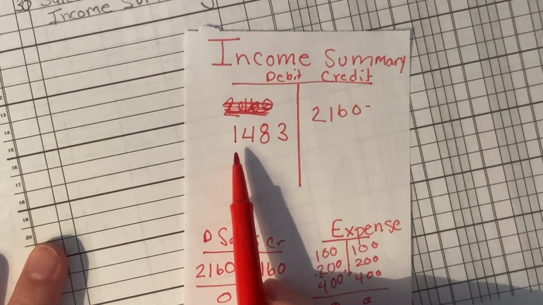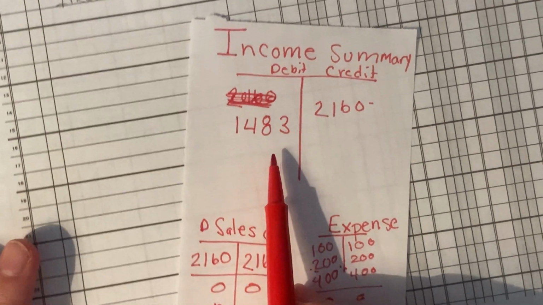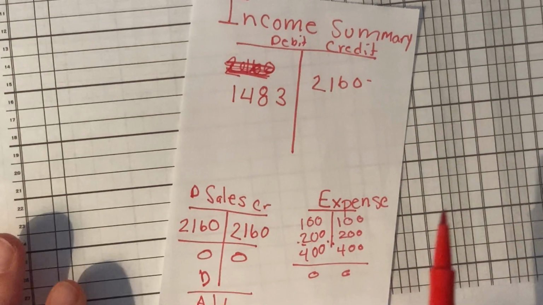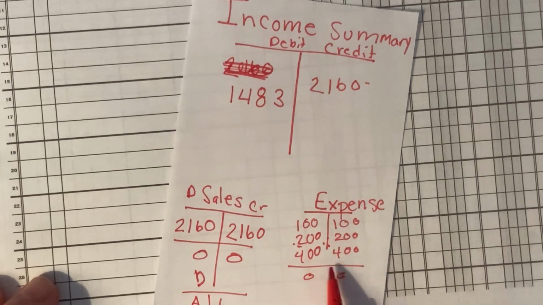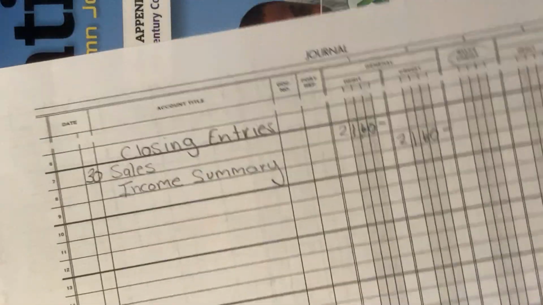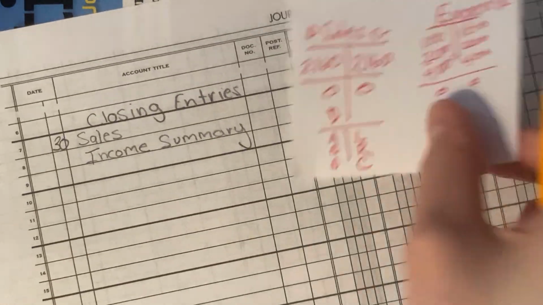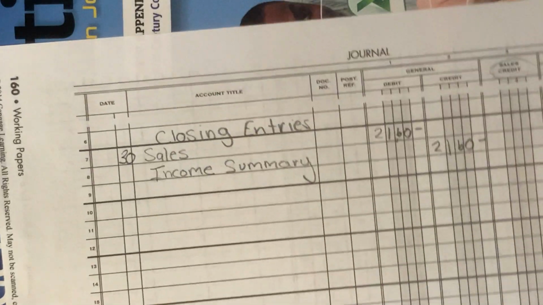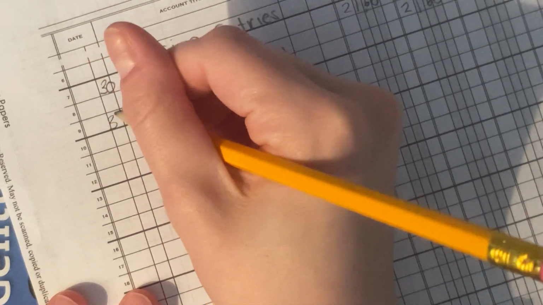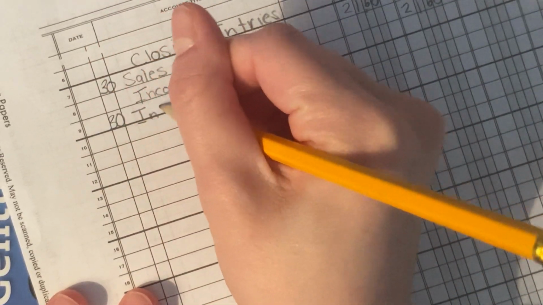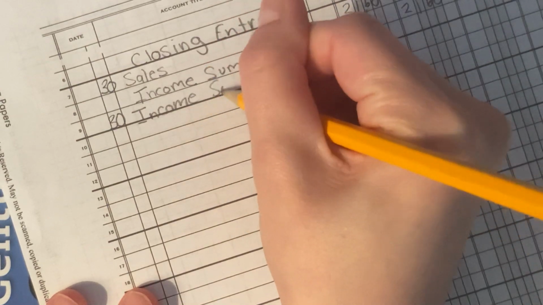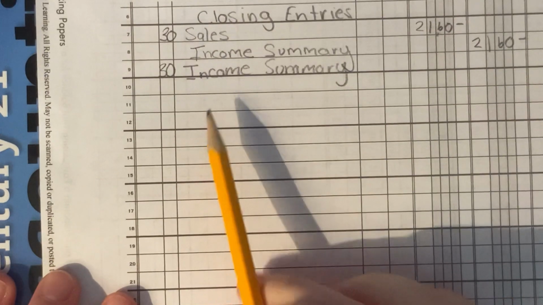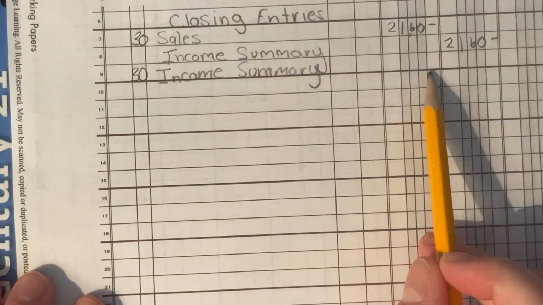So we have a debit of $1,483 and a credit of $2,160. So we want to make sure that we now write off all the expenses. Since the expenses are going to be on the credit side, we're going to write off those on the credit side. We can go ahead and write the 30th income summary up top. And standard practice is to write off all the expenses first, then find the number to put here.